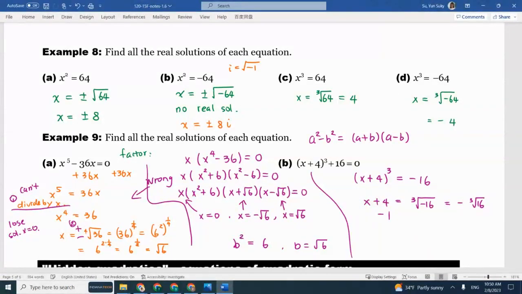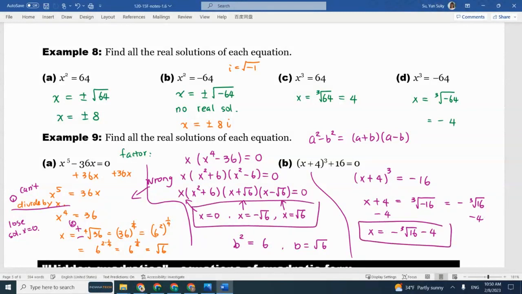Then we subtract 4 on both sides to solve for x. We get x equals negative cube root of 16 minus 4. So this is the solution. Okay, so that is part B.